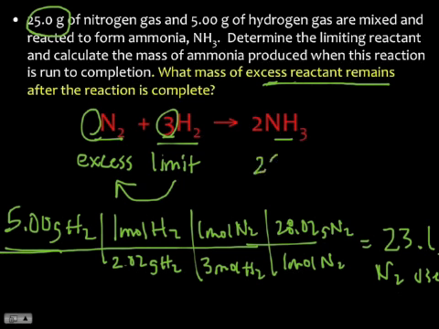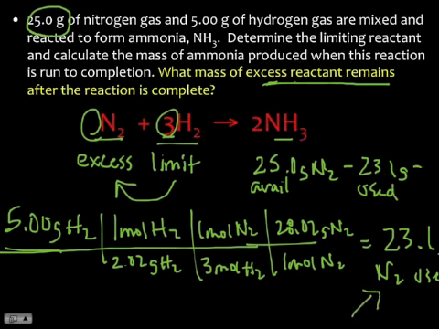So 25.0 grams of N2 was available. I'm going to subtract my 23.1 grams of N2 used, which I just calculated. That tells me that I have 1.9 grams of N2 left.